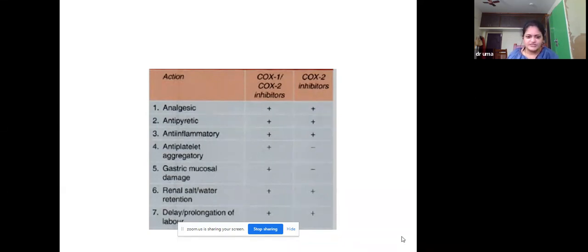But they cause renal salt water retention, and they prolong the labor. So when we use COX2 inhibitors alone, that is coxibs, they do not have any anti-aggregatory effect and they do not produce any gastric mucosal damage. That is, they are more prone for thrombosis, but they have gastroprotection.